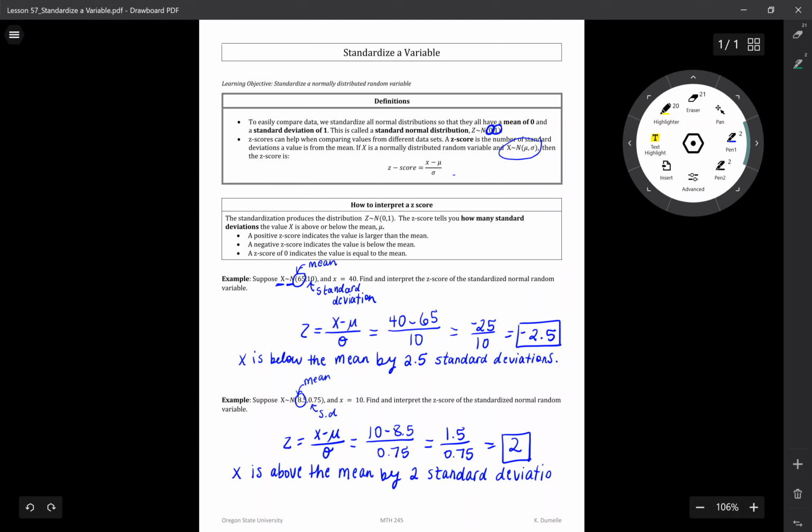And again, 95% of our data is within 2 standard deviations of the mean. So this is telling us that we are within the 95% of the data that's closest to the mean, but still pretty far away. You don't have to worry about that 95%, but it is helpful to know how far away you are from the mean, which is exactly what standard deviations and z-scores tell us.